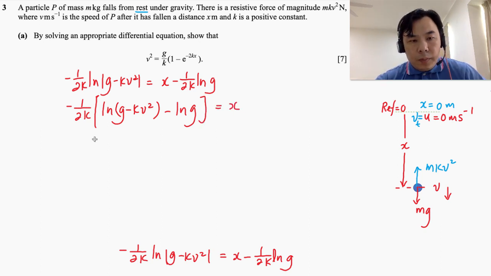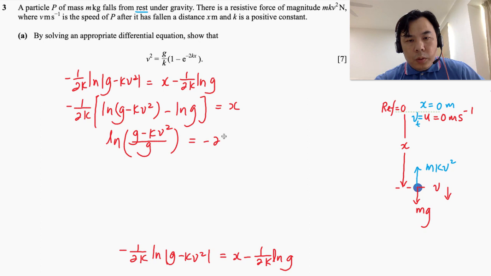And then we can simplify this, that will be 2kx, and then it will be exponential.